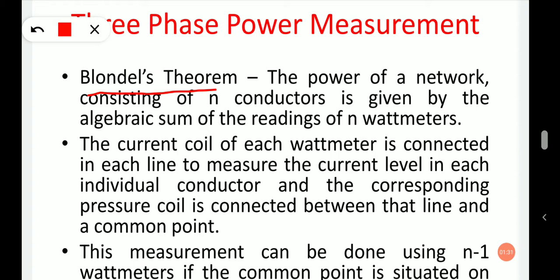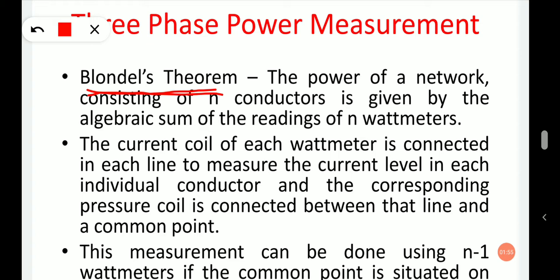Blondel's theorem is used to specify the number of wattmeters required to measure power in a system of electrical conductors. It is used to specify number of wattmeters required to measure power in a system of electrical conductors.